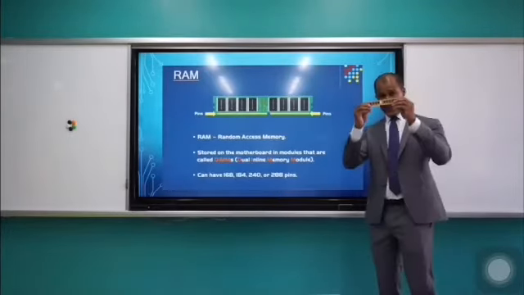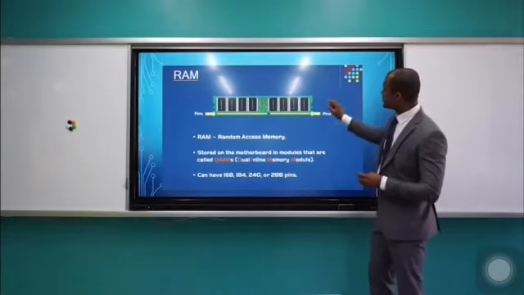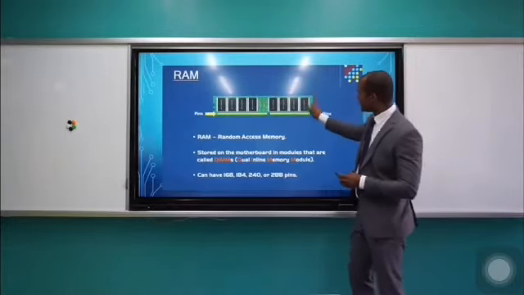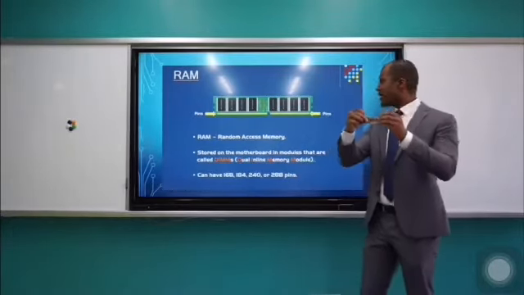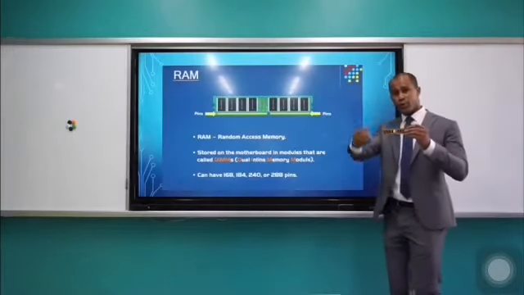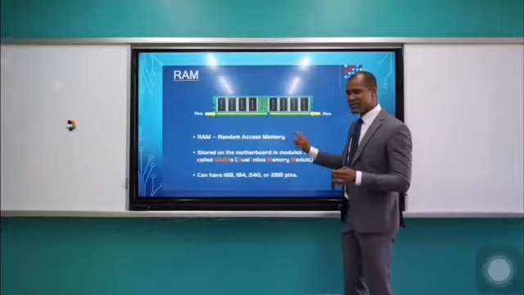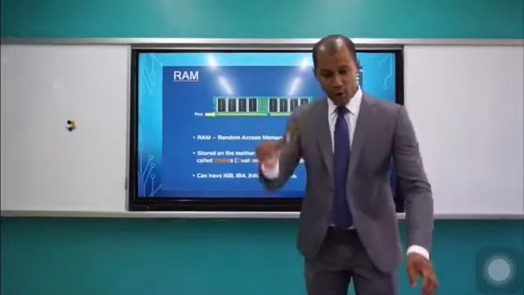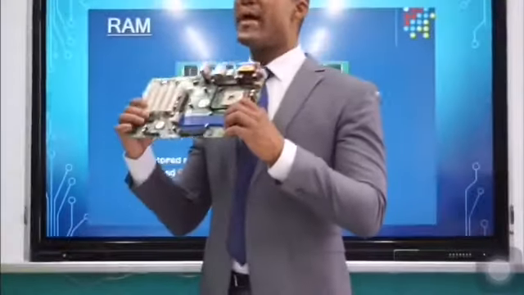This is an example, as I said, of RAM. As you can see depicted in this picture, the RAM consists of DIMMs on the RAM, as you can see over here. The DIMMs is where the information is stored and read from and written to. The RAM itself is installed on your motherboard.